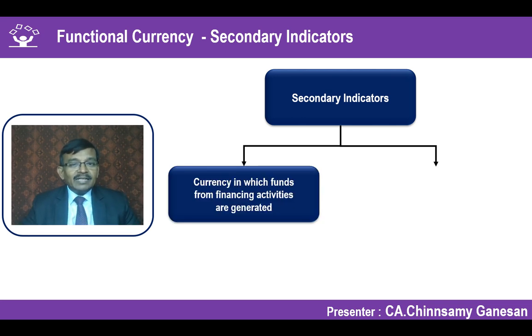How does the company generate funds for its financing activity? For example, in the case where selling prices are denominated and settled in US dollar, and the primary cost of making those sales, the labor, material cost, and other costs, are incurred in INR, we are confused.